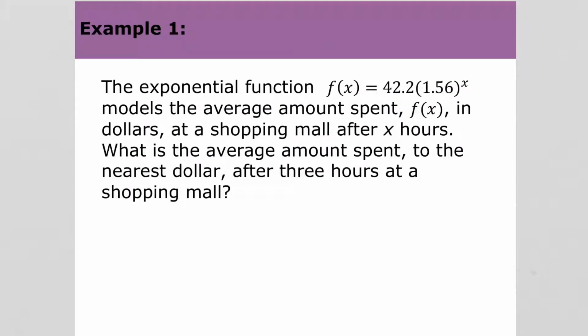So it says, what is the average amount spent to the nearest dollar after 3 hours at the shopping mall? So we're just going to plug in 3 for x. And when we do this, by order of operations, we have to do the 1.56 to the third before we multiply by 42.2.